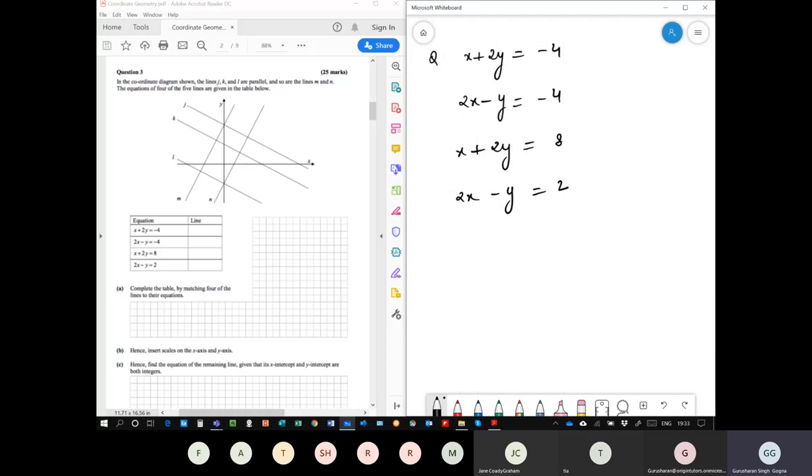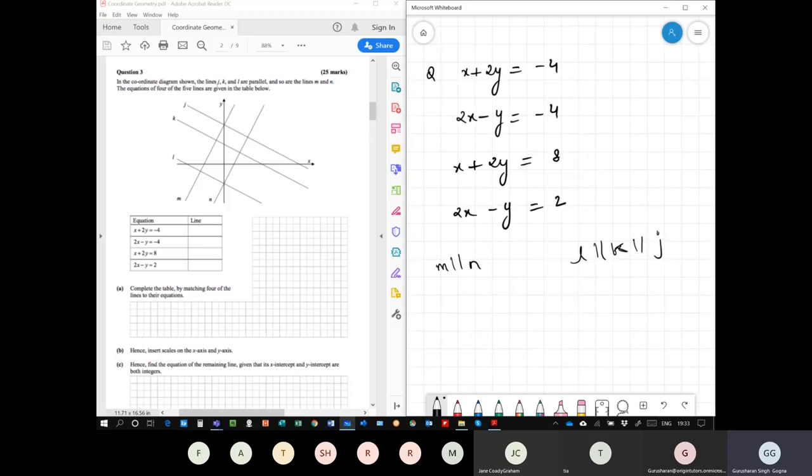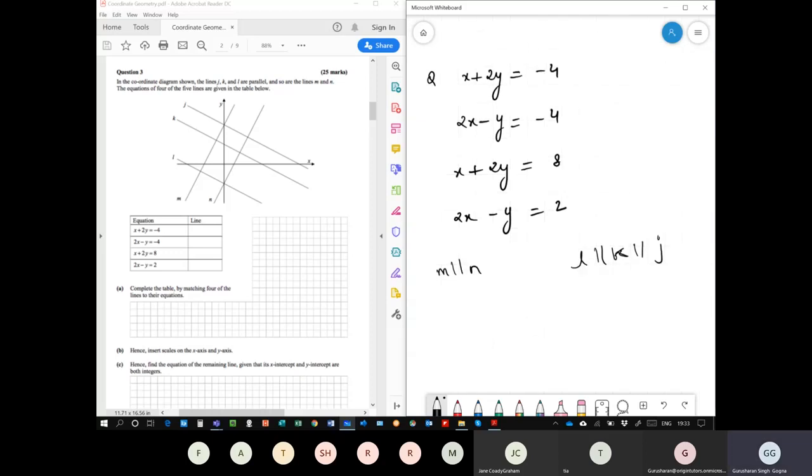So first of all, because they give you two lines, let's say M and N, they are parallel, and L is parallel to K, parallel to J, let's say, isn't it? Let's make two separate categories. Okay. So the best way to approach this question is find out the slope of each of the line.